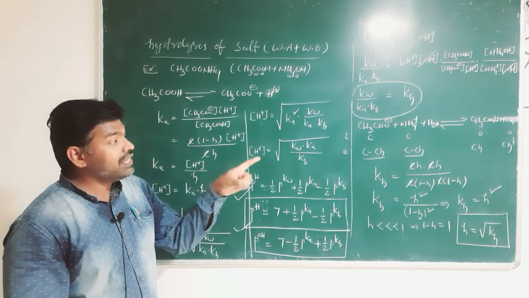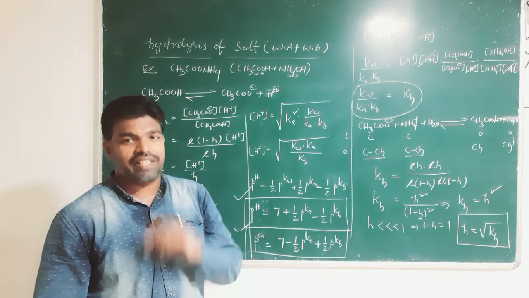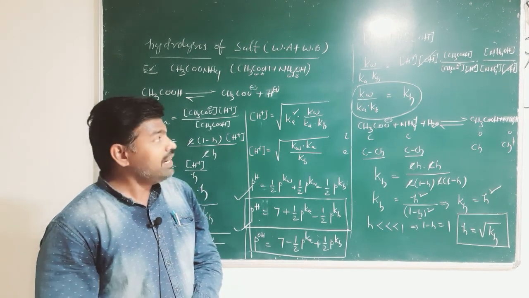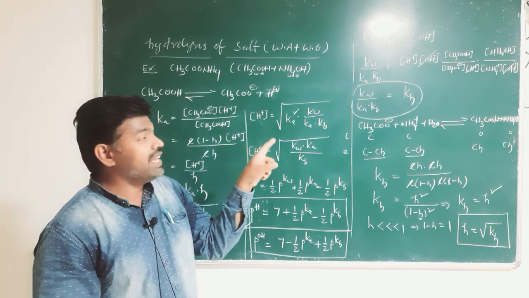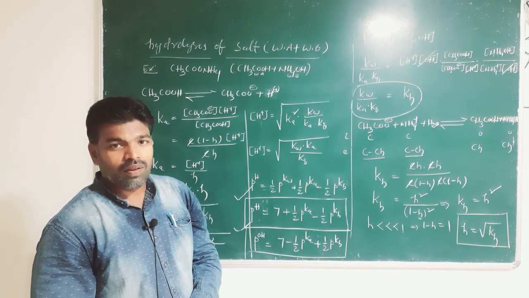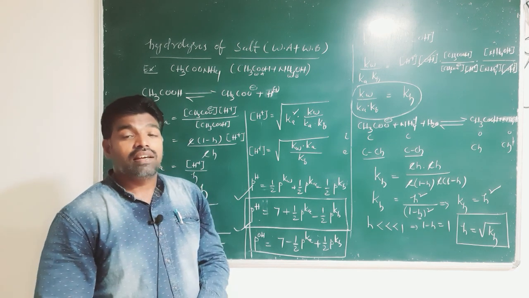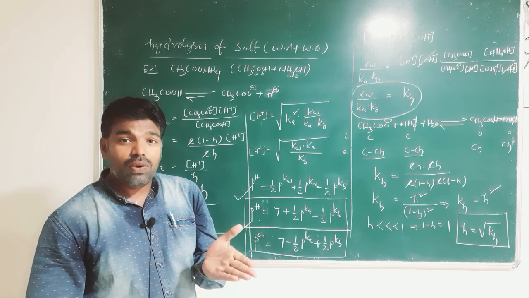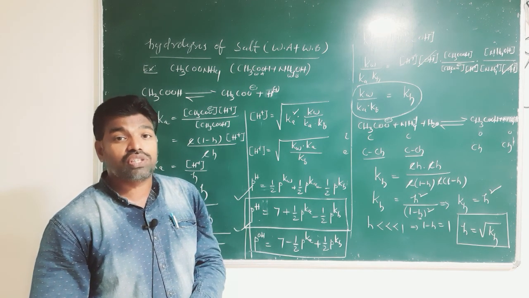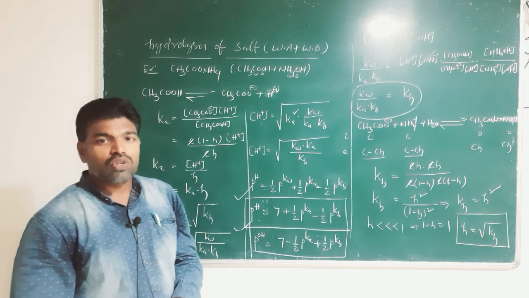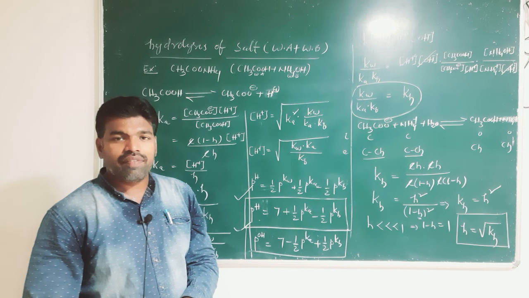In this, degree of hydrolysis is independent of concentration, and the hydrolysis constant is Kw by Ka into Kb. And the nature of the resulting salt solution depends on the Ka value and Kb value, that is, acid dissociation constant and base dissociation constant. Okay, so I hope you all understood this long derivation.